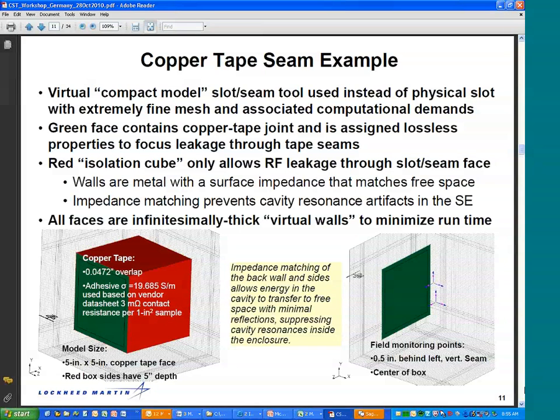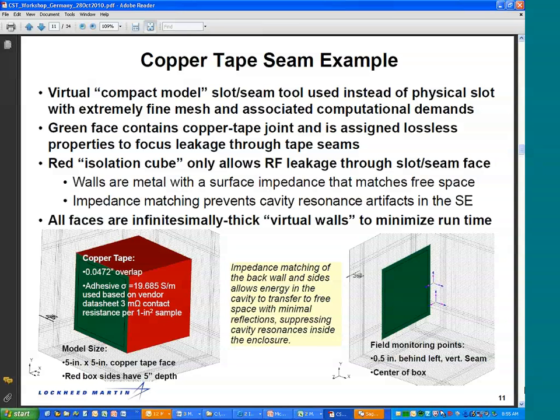So the energy that would then be relaunched on the inside of that observation box, once it reaches one of the walls, would tend to just disperse as if it's going into a free space medium. And that keeps energy from coming in from the side and forces it to come right through the front face, and also makes sure that your analysis results are not affected by cavity resonances, so you can focus on a particular seam.